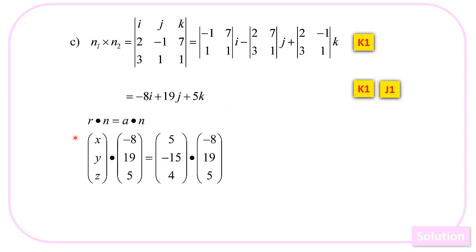By using the vector equation of a plane, that is r dot n equal to a dot n, we have K1, and then do the dot product, we get negative 8x plus 19y plus 5z on the left side, and on the right side we have negative 305. So that is K1, J1.